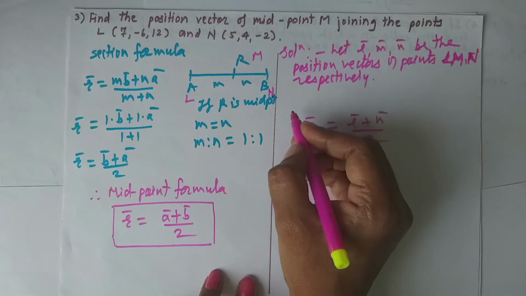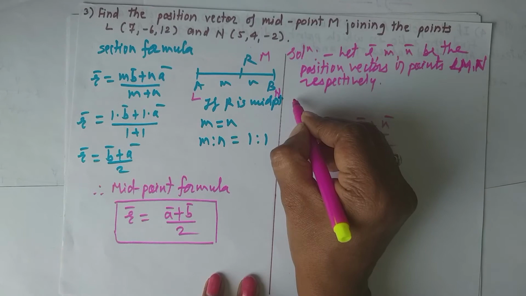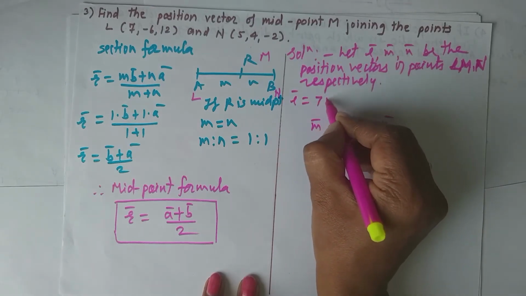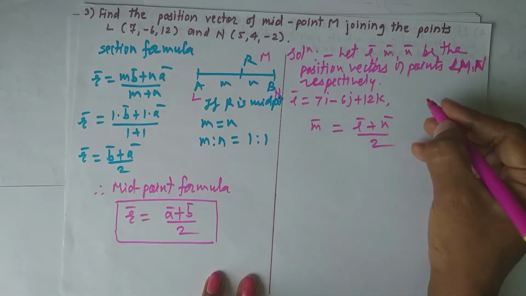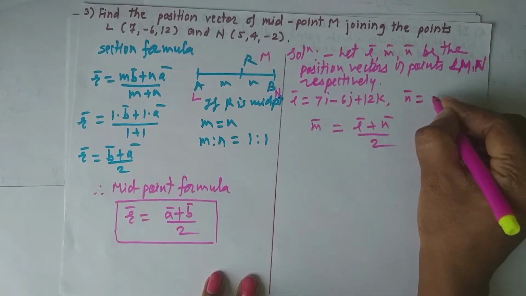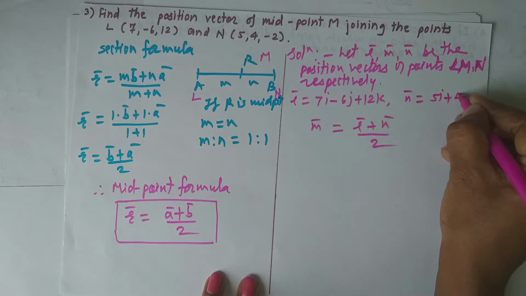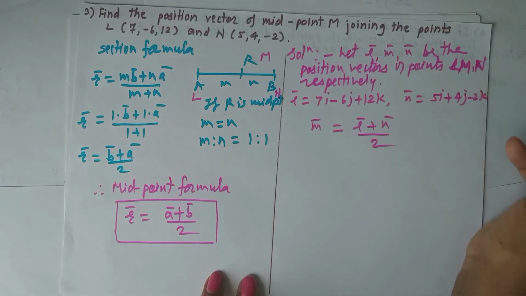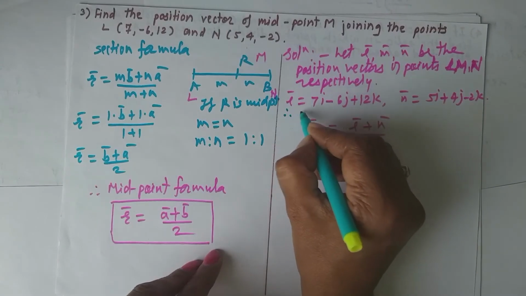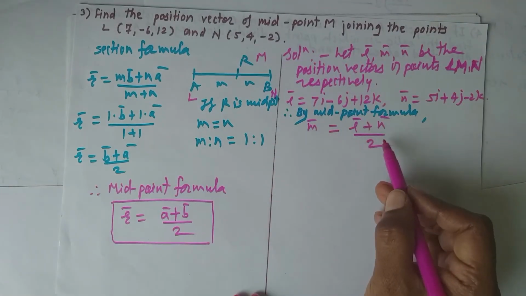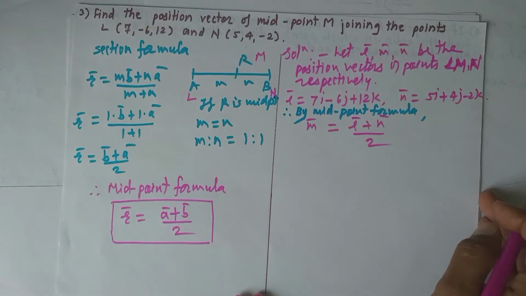Then L bar will be 7i minus 6j plus 12k, and N bar will be 5i plus 4j minus 2k. Then you write down, by the midpoint formula, M bar is equal to (L bar plus N bar) divided by 2.